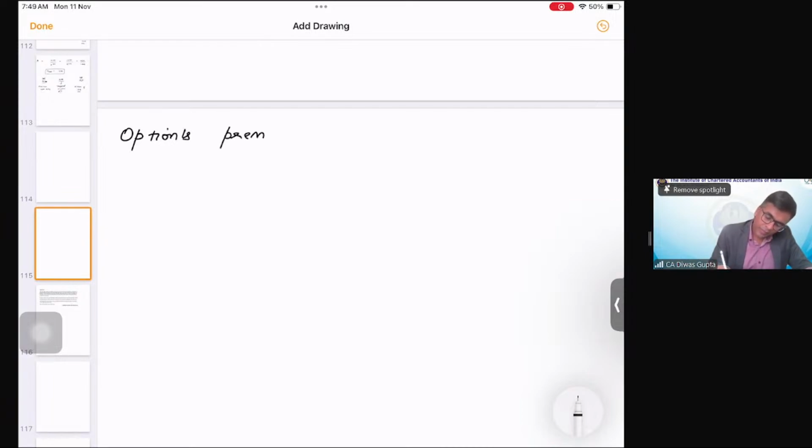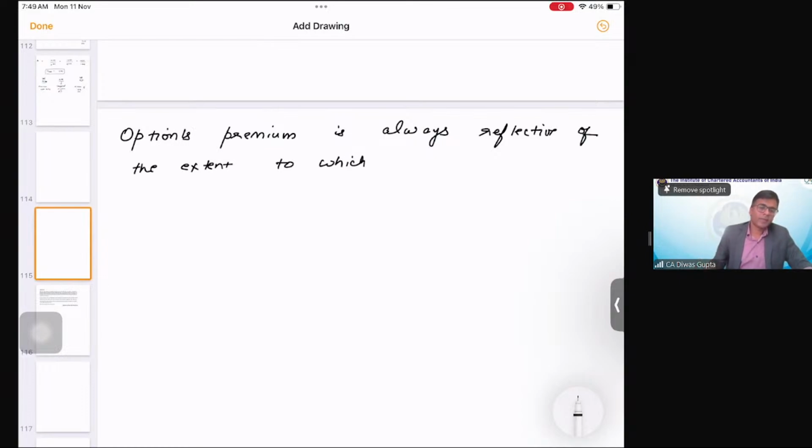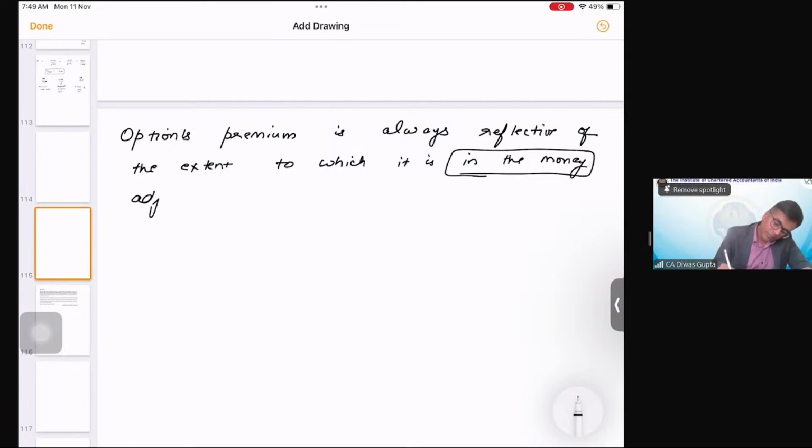Options premium is always reflective of the extent to which it is in the money, adjusted for time value of money.